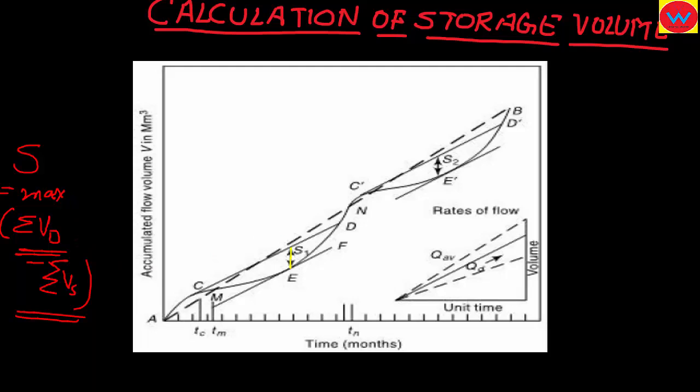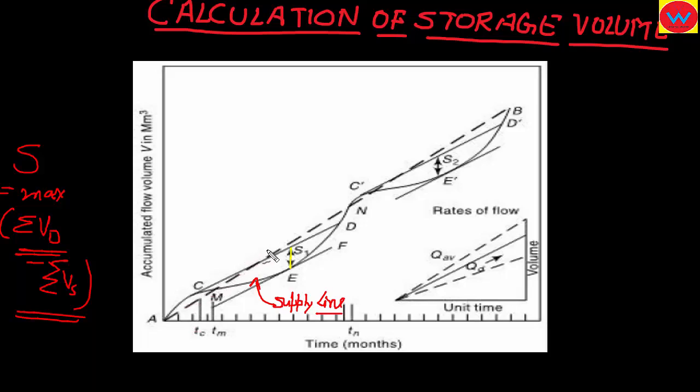Let us suppose that this is your time axis. First of all, you have to see that this is your supply line. At this reach, the supply is maximum, so you draw a tangent to this line.